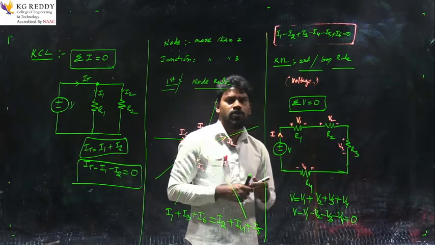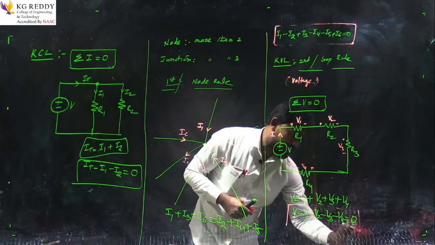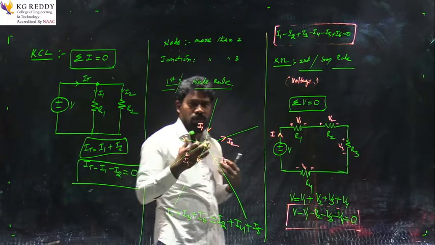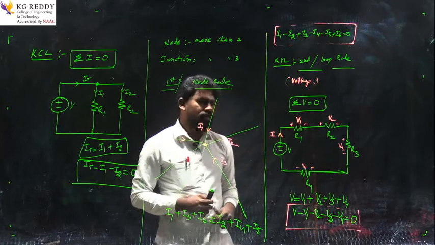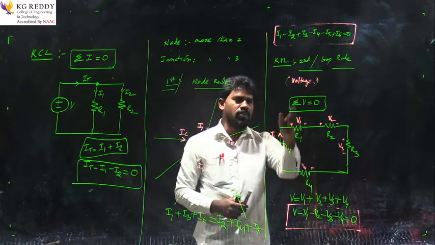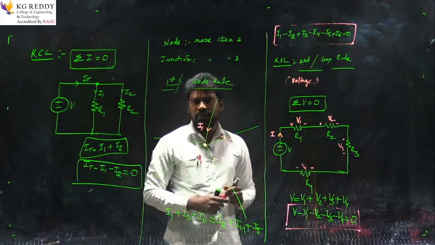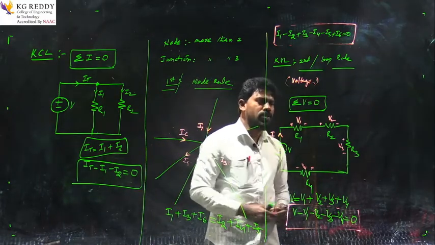That is how we write the voltage equation for this network. To remember Kirchhoff's voltage law easily: supply voltage is equal to the voltage drop across each element.